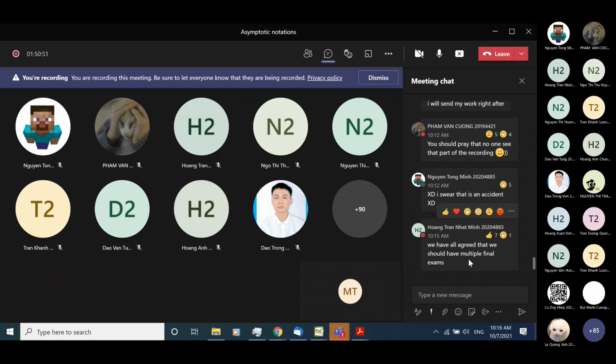The grade for the first final and the grade for the second final will be the same. So the total grade is 70% for the final: the first final will be 35% and the second final will be 35%. Okay, problem solved.